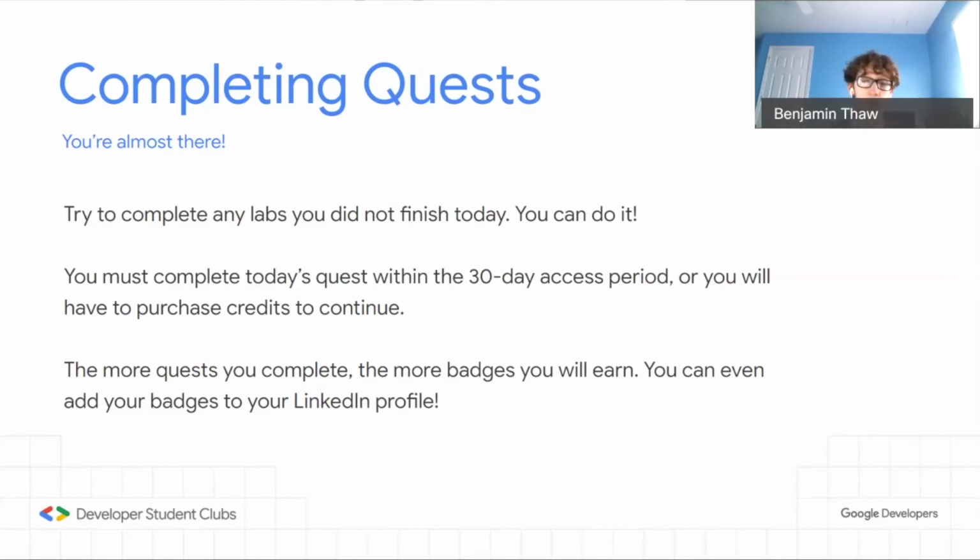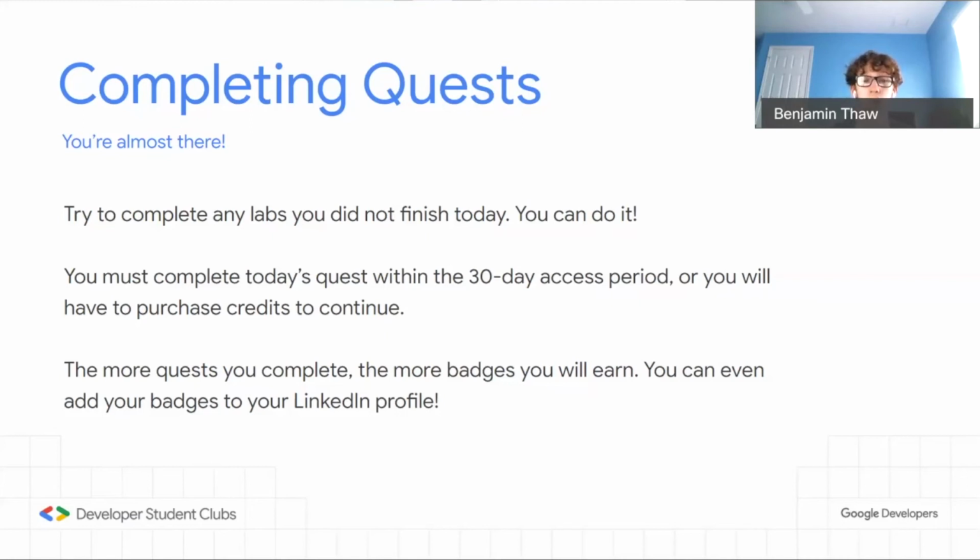If you do end up completing today's quest within 30 days, by the end of the month, so July or August 20th, you'll get another 30 days of access. So that's 2 months. You can get up to 2 months from working through this quest.